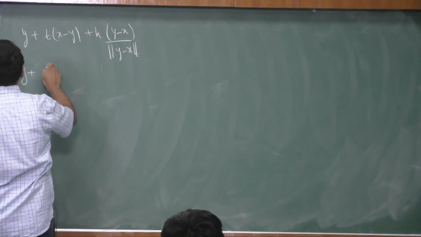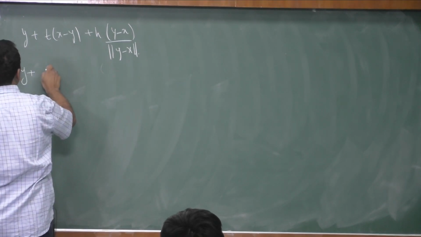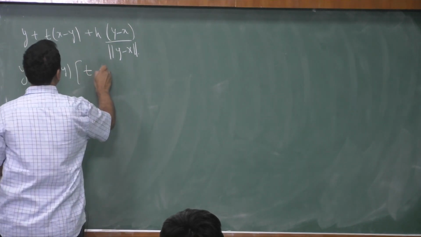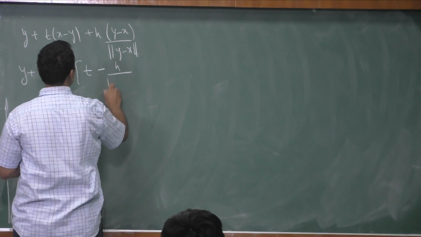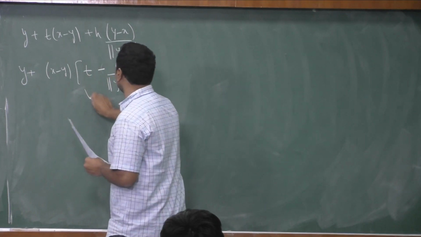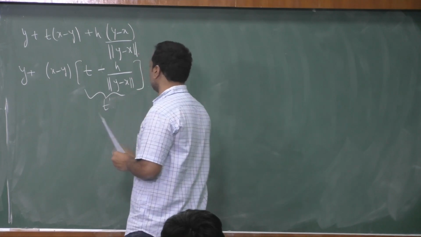So x minus y common, and the remaining thing is t minus h by norm y minus x. So the t I am looking for is this.